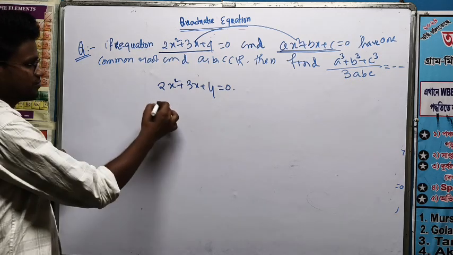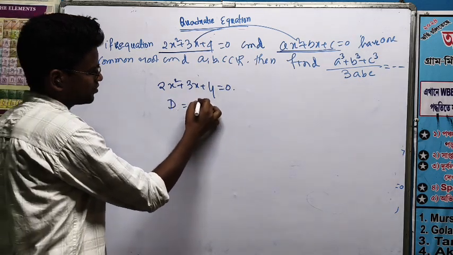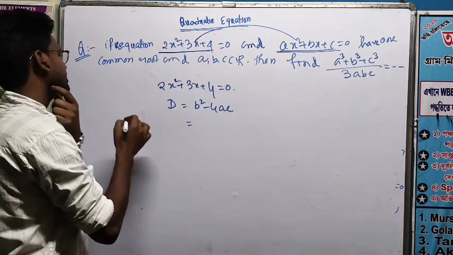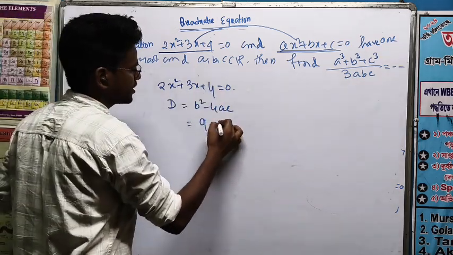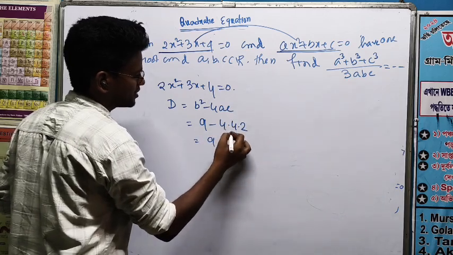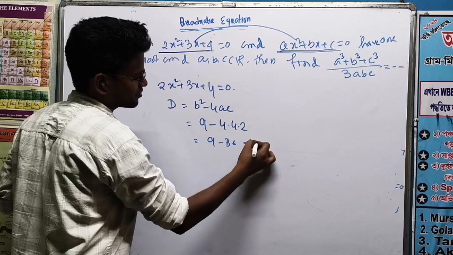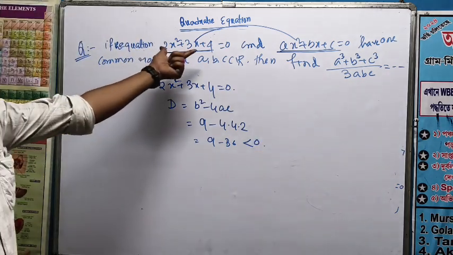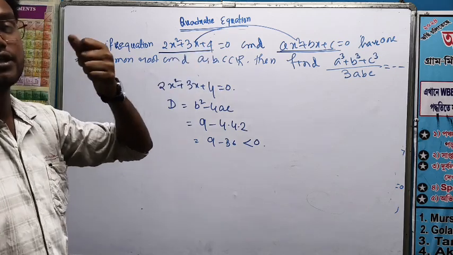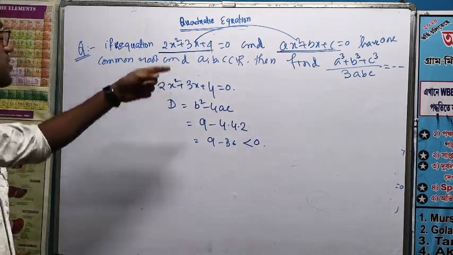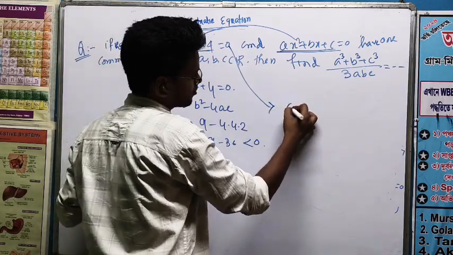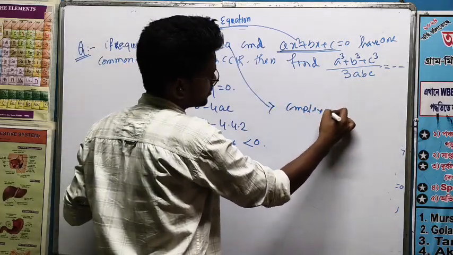The discriminant D is equal to b square minus 4ac, that means 9 minus 4 into 2 into 4, which is 9 minus 32, less than 0. That means this equation does not have real roots; it has complex roots. So all the roots of this equation are complex.